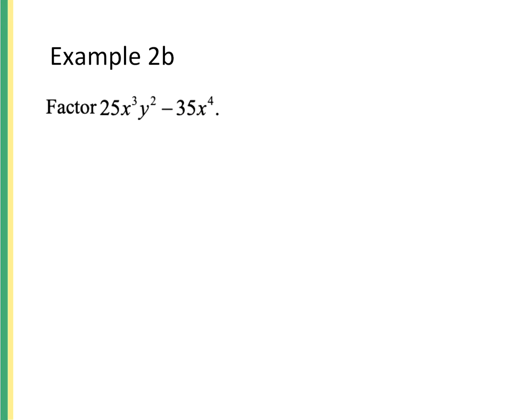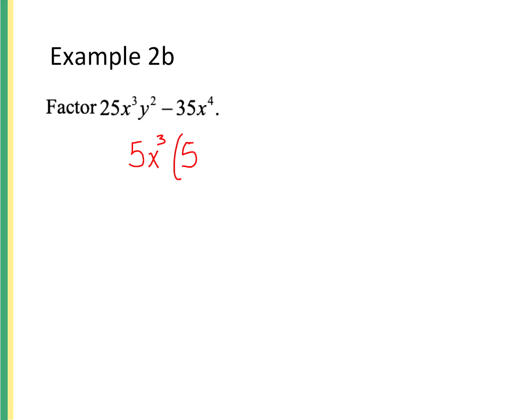Okay, how about this one? 25x cubed y squared minus 35x to the 4th. Biggest number that goes into 25 and 35. 5. Do they have any variables in common? X to the 3rd, the biggest one, right? So we're going to factor that out. 25 divided by 5. 5.